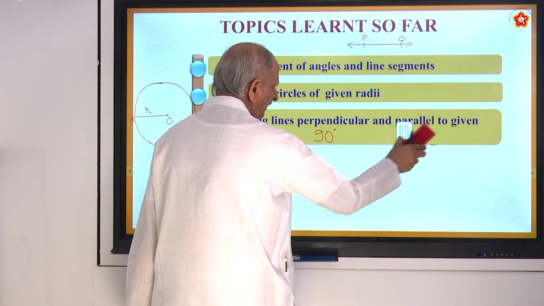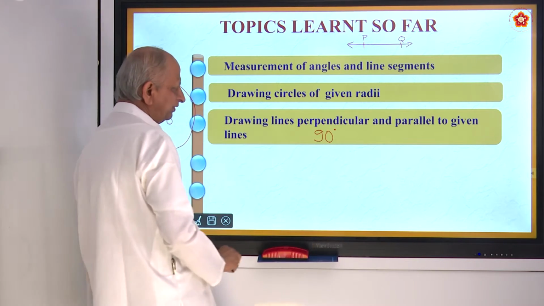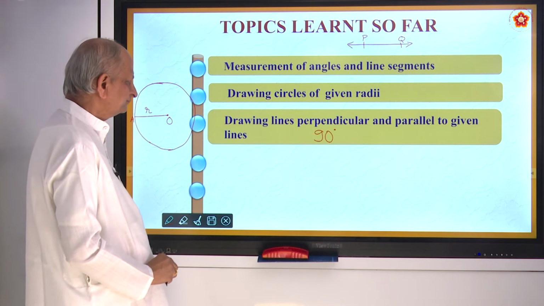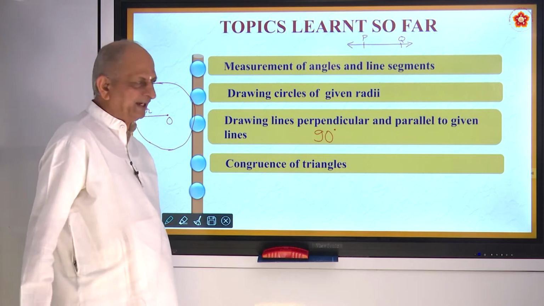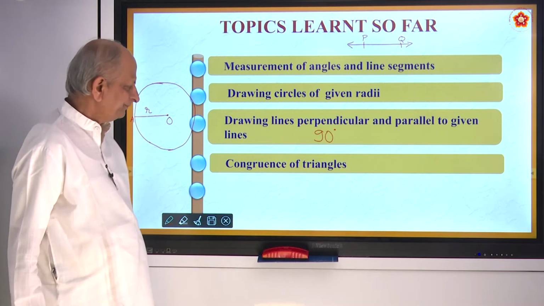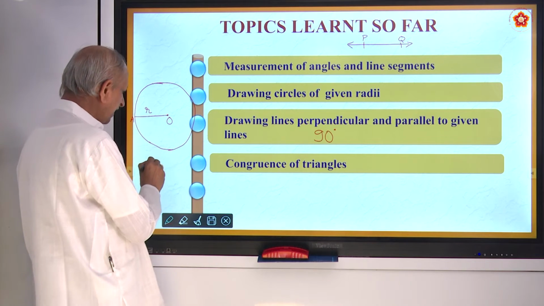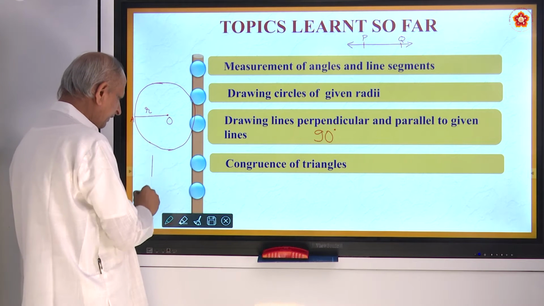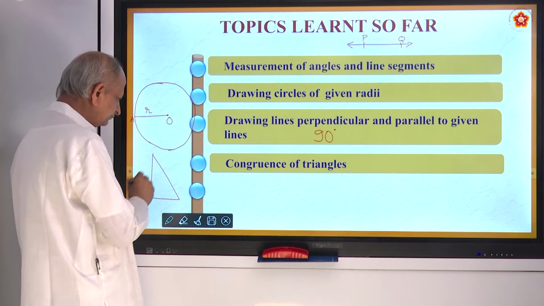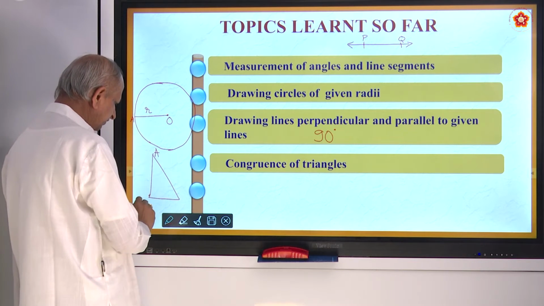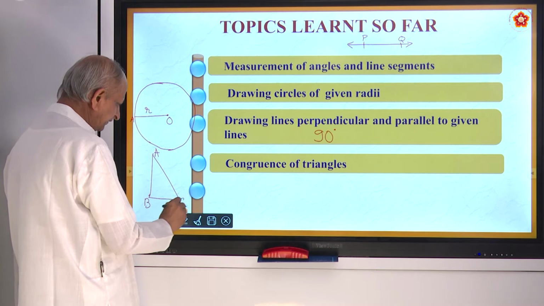So, parallel lines. Also, you have studied in your previous class about congruence of triangles. What is a triangle? Triangle is a figure having three line segments and three vertices, namely A, B, C, right?